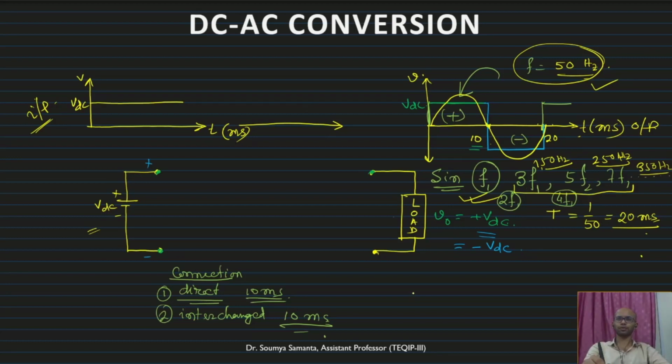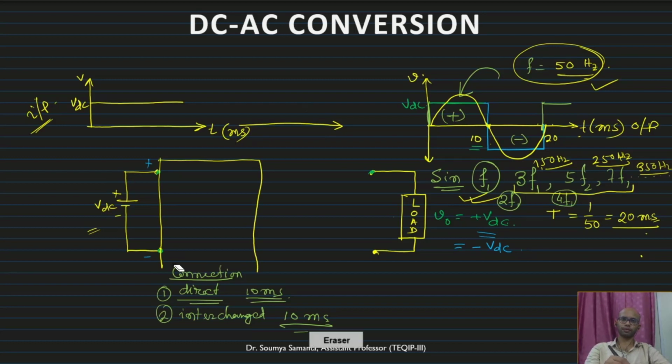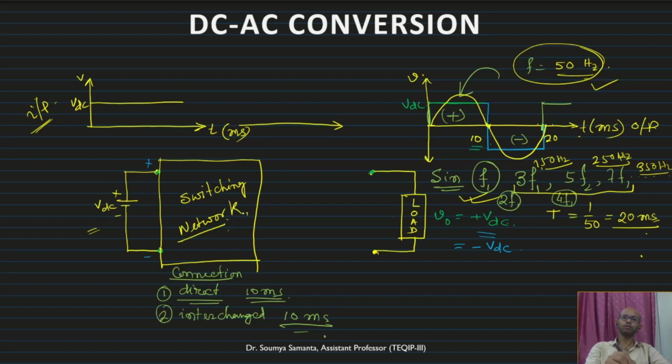Okay. So what is required now? We require a switching network, which can connect the load directly for 10 milliseconds and connect the load in reverse direction for the next 10 milliseconds.